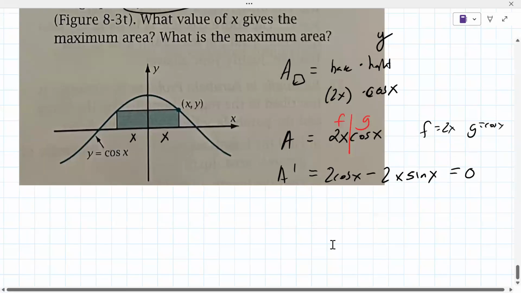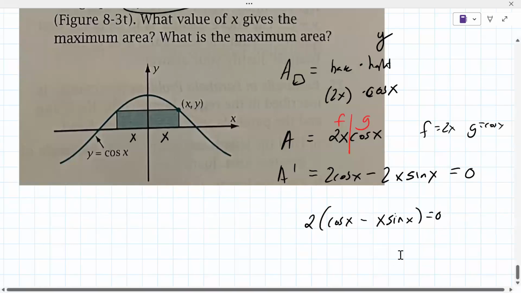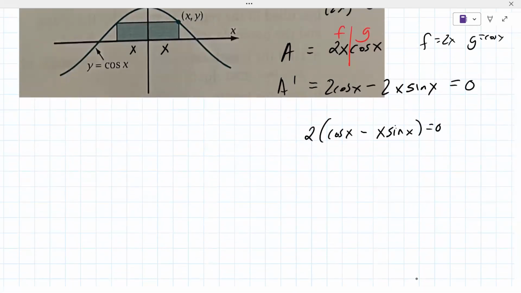This one's tough. The 2 comes out, so you get cosine x minus x sine x equals 0. You set the inside part equal to 0. So we come off to the left here: cosine x minus x sine x equals 0.